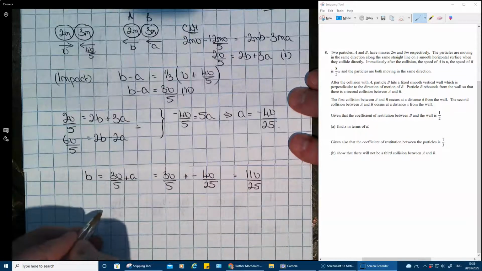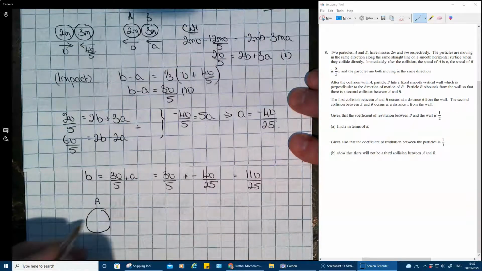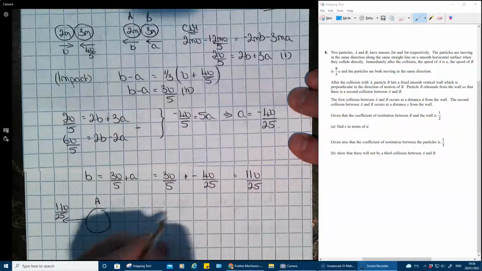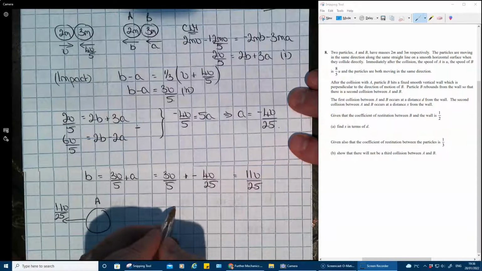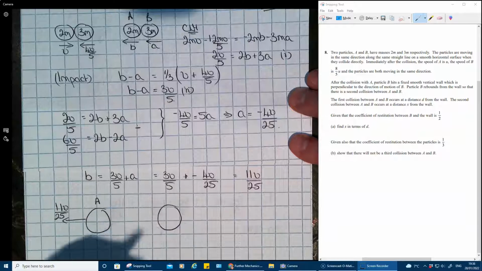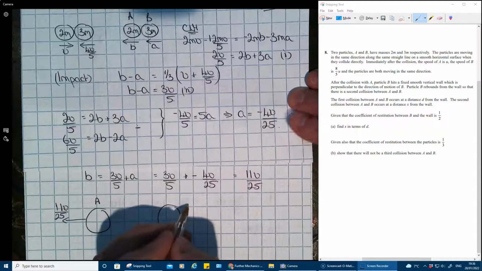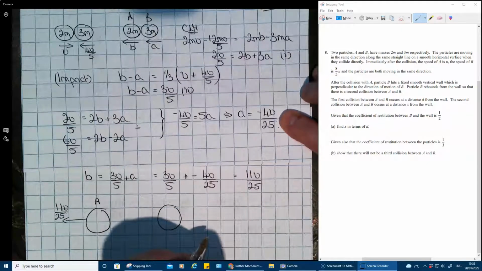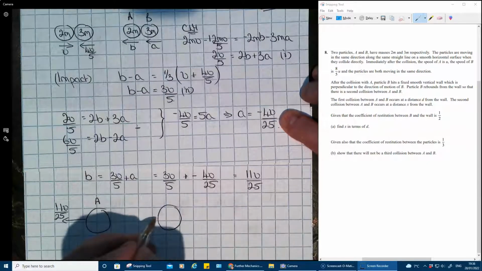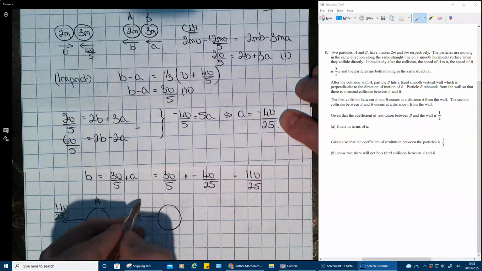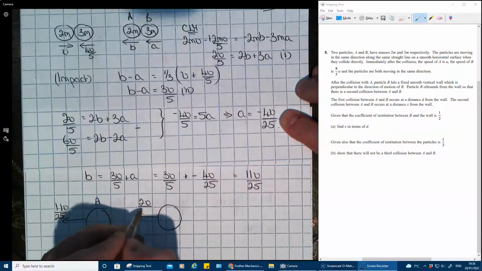Okay, so the scenario I've got, either perversely A is moving that way at 11u over 25. Particle B, which I've got a velocity of A, but is going to go this way initially with a velocity of 4u over 25. It's then going to bounce off and come back, because coefficient of restitution is a half, with a velocity of 2u over 25.